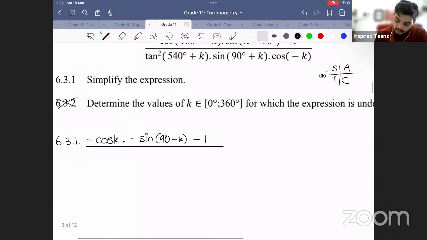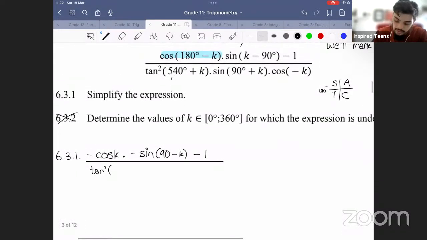Firstly, tan squared of 540: before we simplify, I need to convert it. I need to subtract 360. 540 minus 360 gives me 180. So I need to re-express this as tan of 180 plus k times sine of 90 plus k.